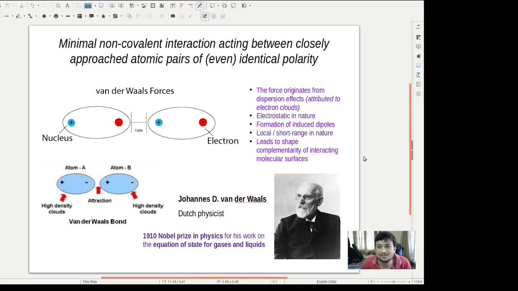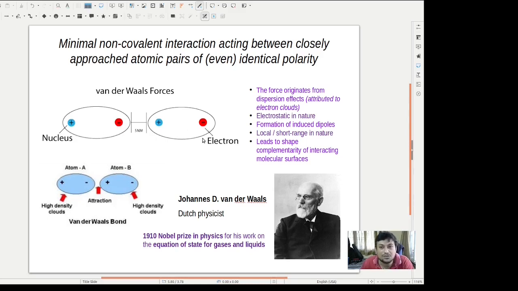It leads to features like shape complementarity of interacting molecular surfaces, for example. Now let's take the simplest case, the example of two hydrogen atoms. As you can see, there are two nuclei and two electrons. These are, of course, 1s1 electrons, and they are clouds, and due to their close proximity, there is an attraction between the electron cloud of one atom and the nucleus of the other atom, and that causes this dumbbell shaped induced dipole formation.